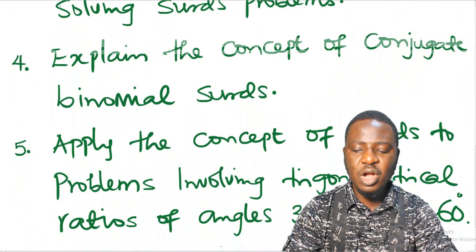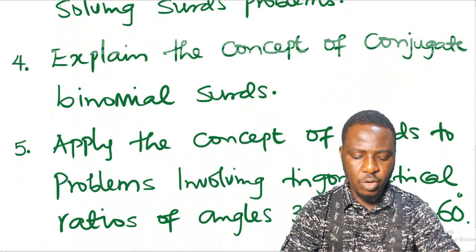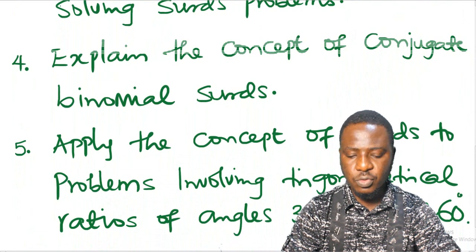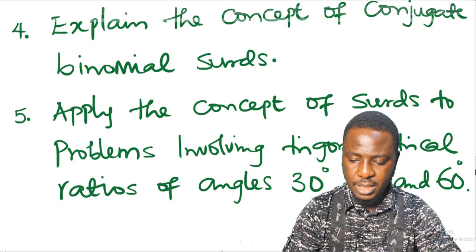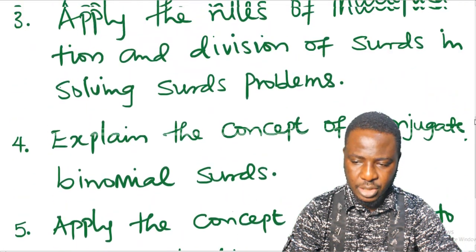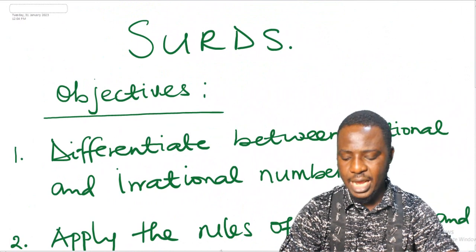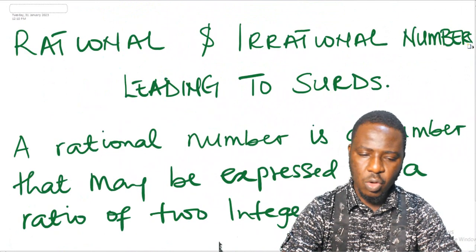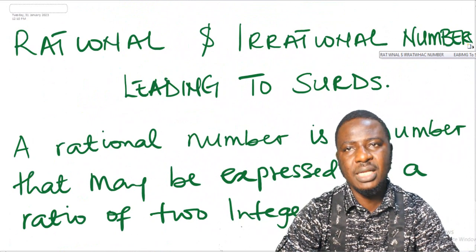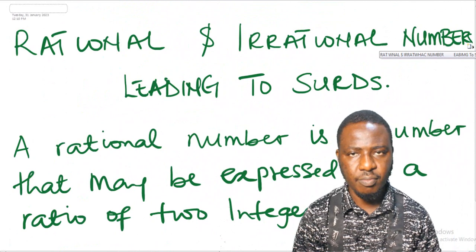We shall apply the concept of surds to problems involving trigonometrical ratios of angles 30, 45, and 60 degrees. So that will be our objective at the end of the course. But for today's class, we shall center on rational and irrational numbers leading to surds.